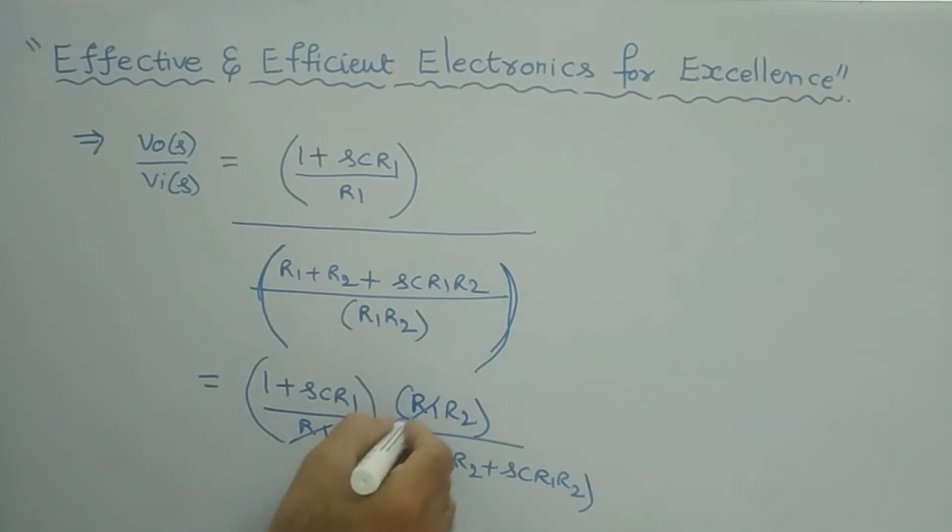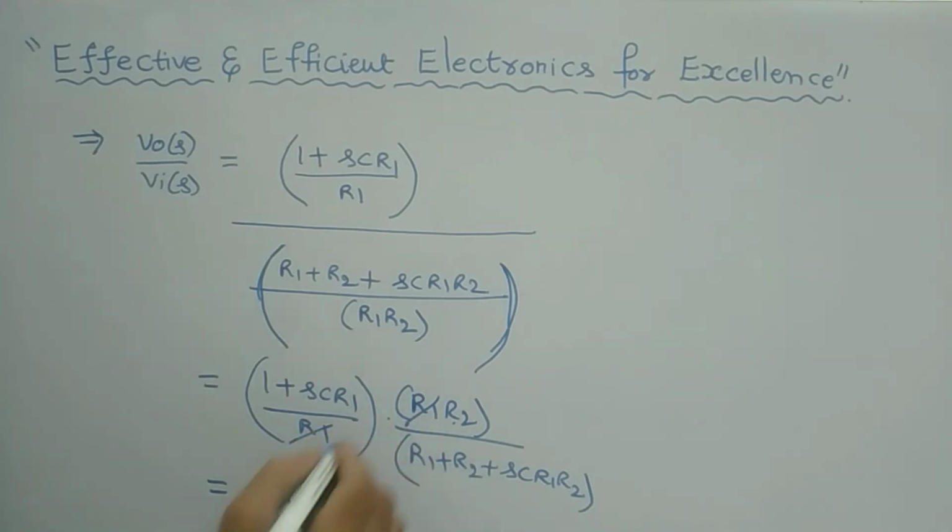Here this R1 will be cancelled out. What remains here? It is R2 into 1 plus S into C R1 by this total R1 plus R2 plus S into C R1 R2. Clear? This is what remains actually after the simplification.